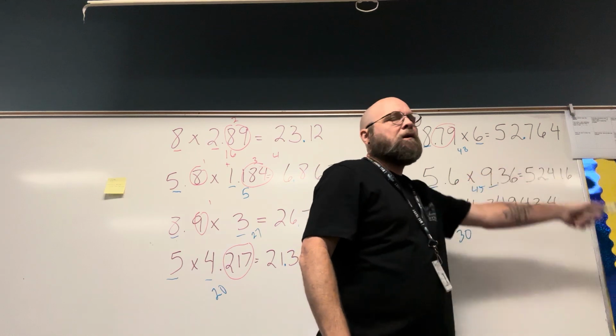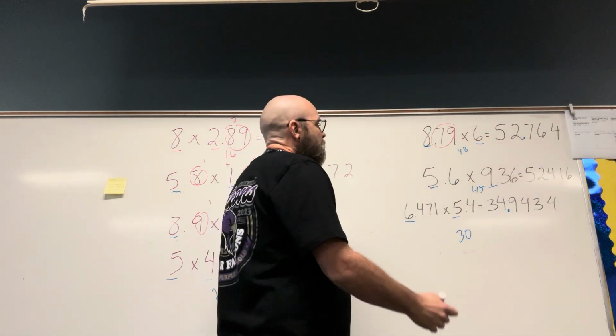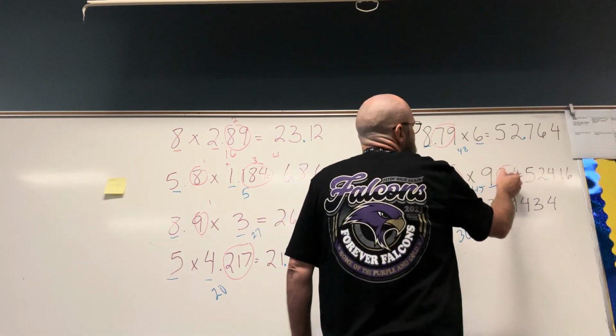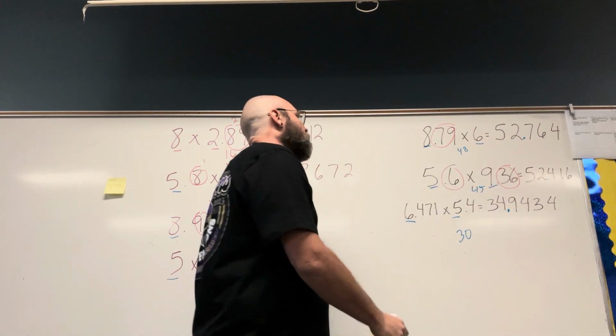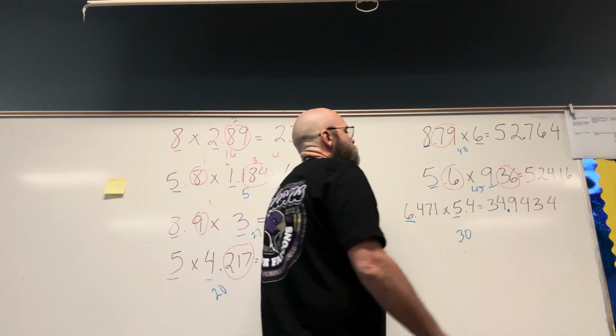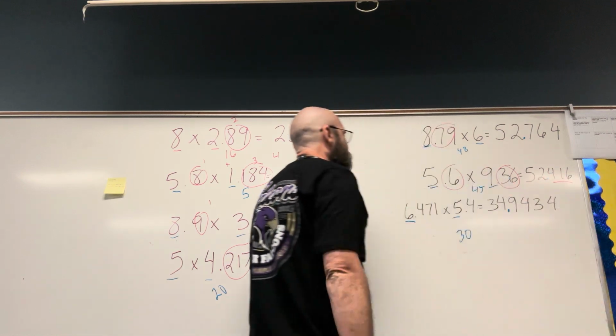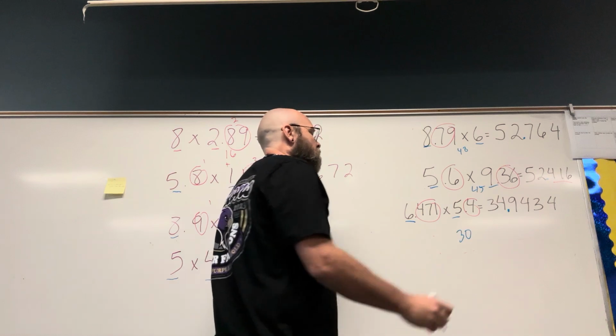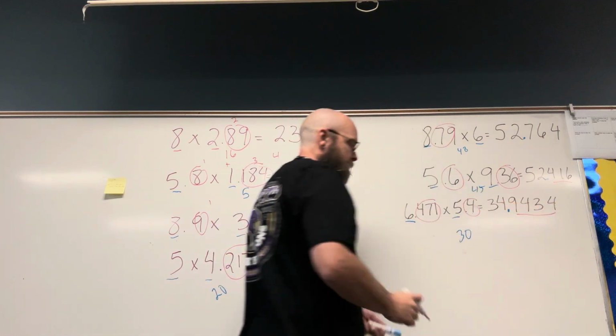So we have to have that many behind the decimal point in my answer. Here, we have 3 numbers behind the decimal point in my factors, 3 behind it in my answer. 4 behind the decimal point here, 4 behind it in my answer.